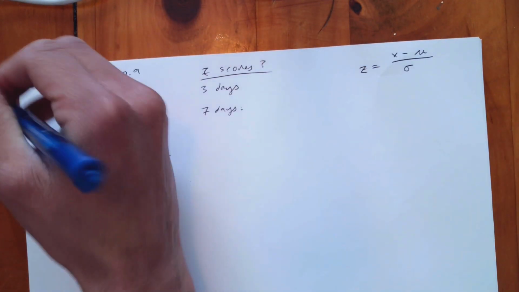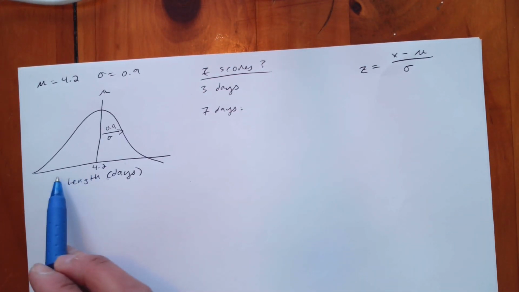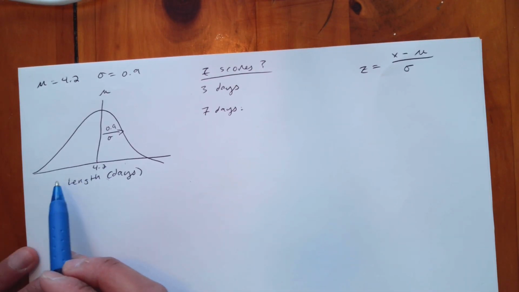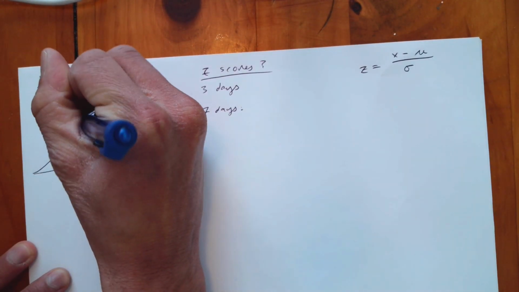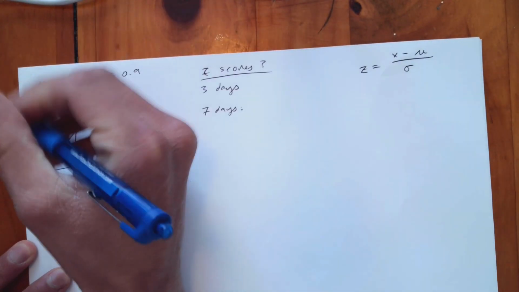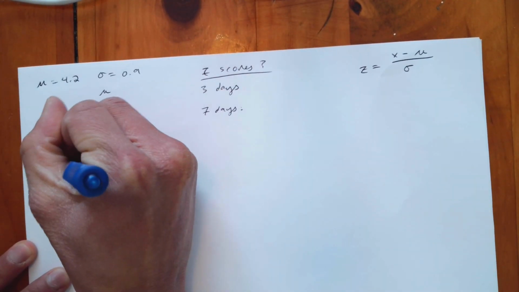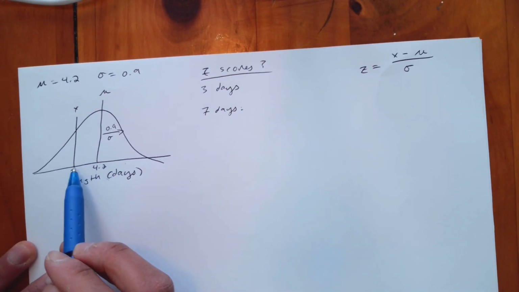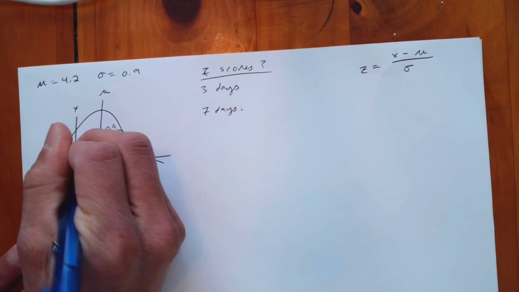So 3 days, we can see, is going to be on the left side of this because it's in a more negative direction relative to 4.2. So we can say, we've got a trial lasting 3 days. That's one of our x's. And how far away from our mean are we going in a negative direction?